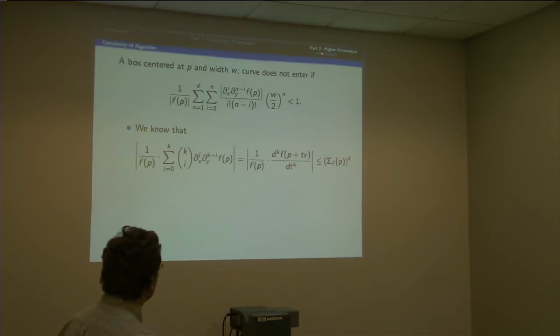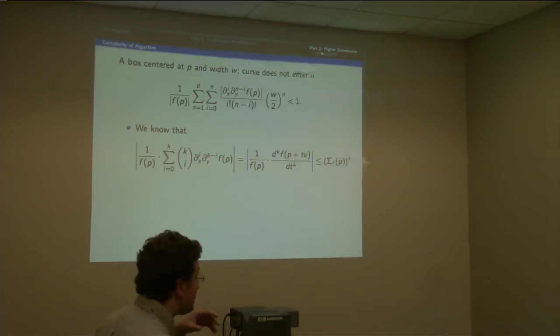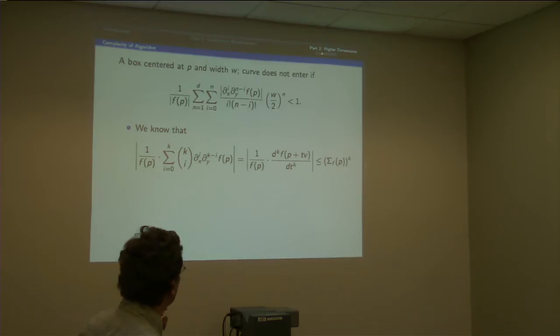So if I compare things, if I look at the terms here, it's really close to the terms that I get if I take the kth derivative of my function in the v direction. So just like I did before, pick a direction and look at that as a one variable problem.